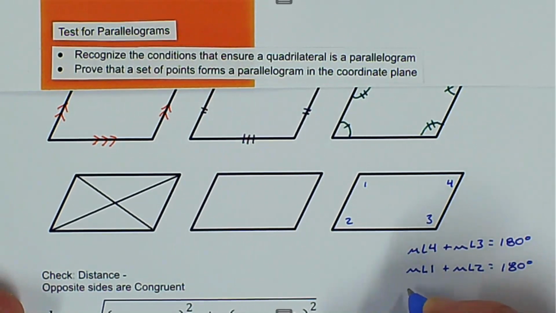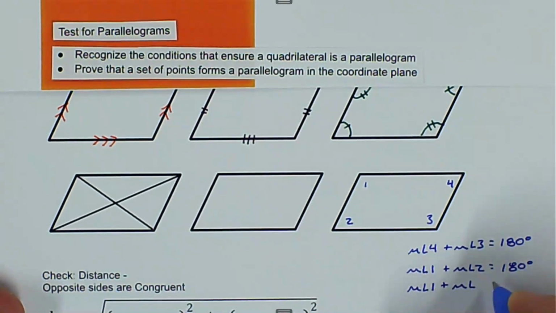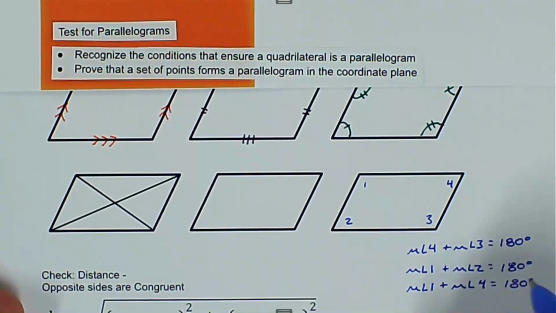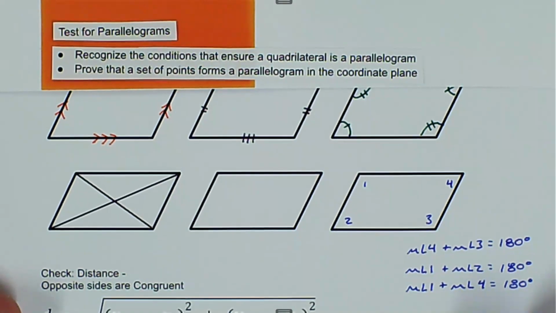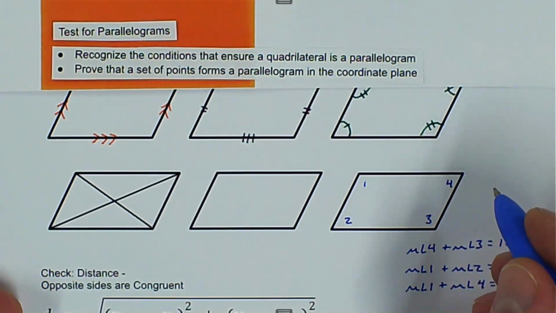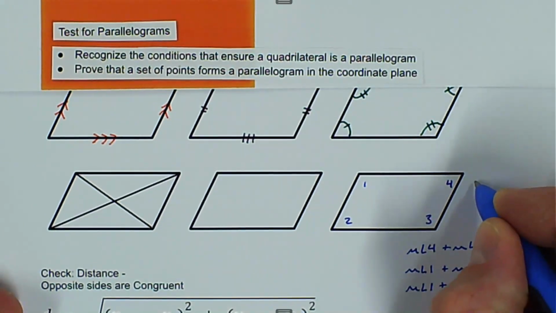And we could say the measure of angle 1 plus the measure of angle 4 is equal to 180 degrees. So those are consecutive angles, and we'd have to show that multiple consecutive angles add to 180 degrees. And this illustrates consecutive angles are supplementary.